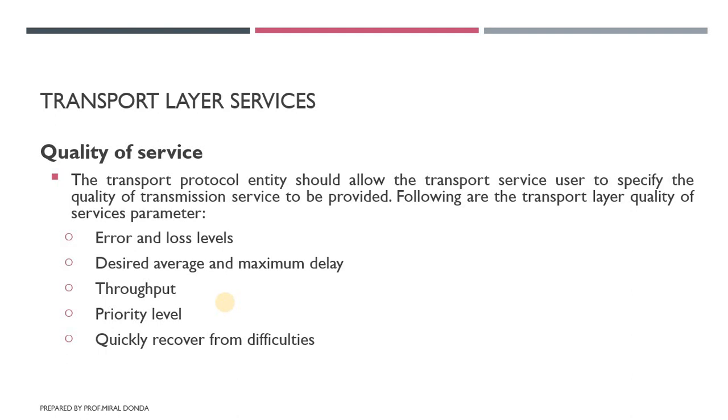So in the transport layer, error and loss levels are minimized. Delay will be reduced and throughput will be maximized. Also the priority level is set by the transport layer, so the message with the maximum priority is transferred first. That is also done by the transport layer services.